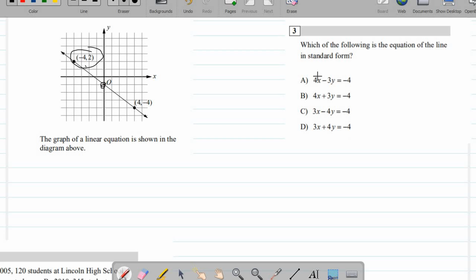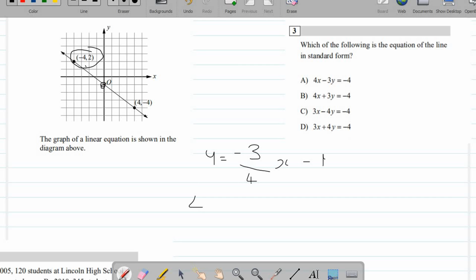So here we have which of the following is the equation of the line in standard form. Okay, so from that y equals mx plus c, where you have y equals minus 3 over 4 x plus minus 1, this was the slope form. So what you do, simply multiply everything by 4.